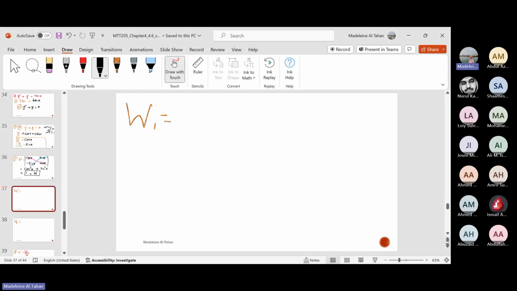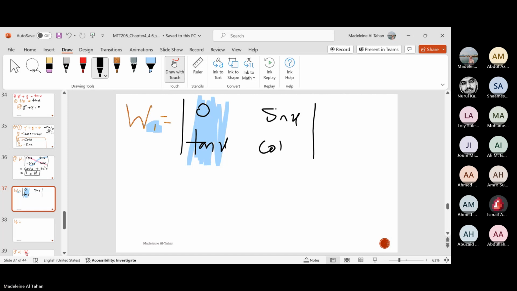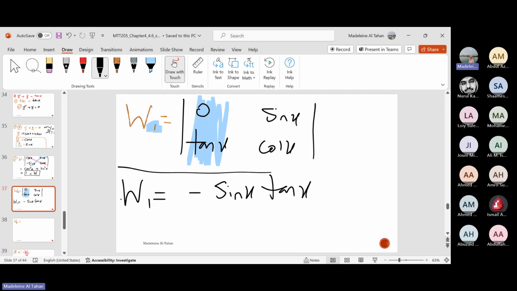So we found W. Now we need to find W1. W1 we will put here. So the first row, the first column is zero, tangent x, and the second one we will keep the same, which was sine x cosine x, right? Which is negative sine x tangent x. At this moment, I will keep it in this way without simplifying, okay? This is W1.